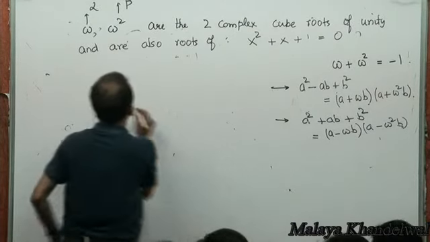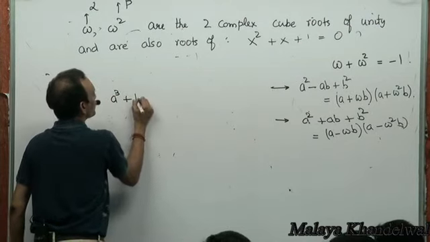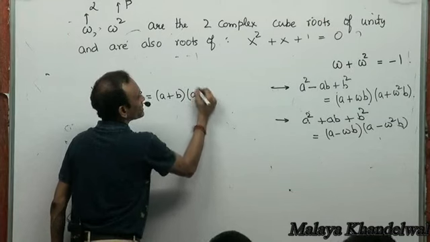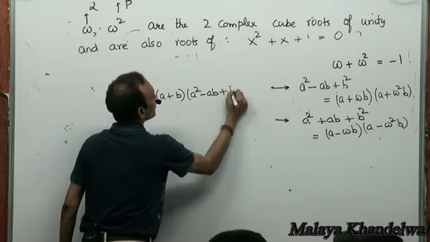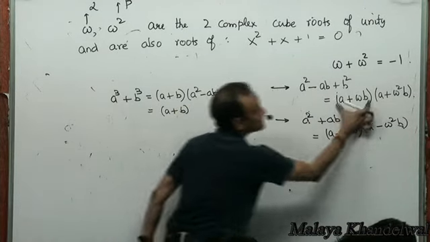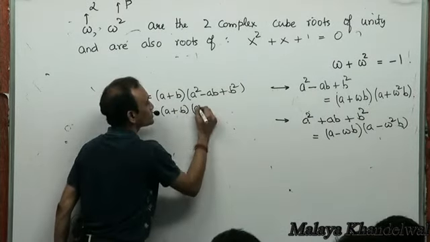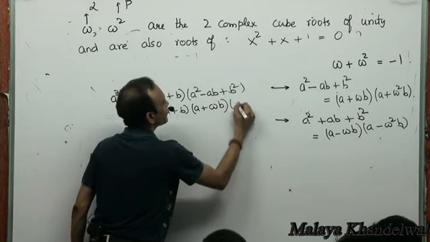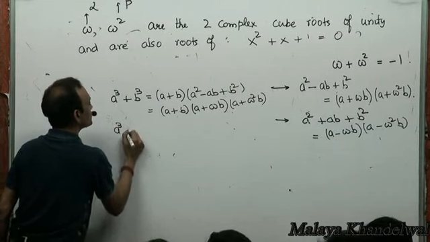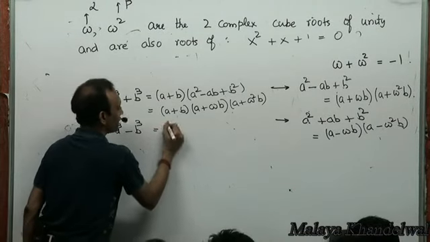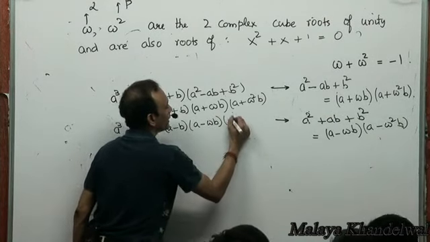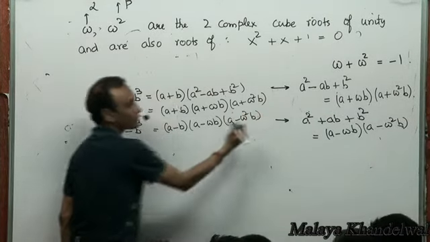And so a cube plus b cube, for example, is going to be a plus b into a square minus ab plus b squared, which is actually a plus b, and this has these as factors, a plus omega b into a plus omega square b. Similarly, a cube minus b cubed will turn out to be a minus b into a minus omega b into a minus omega square b.